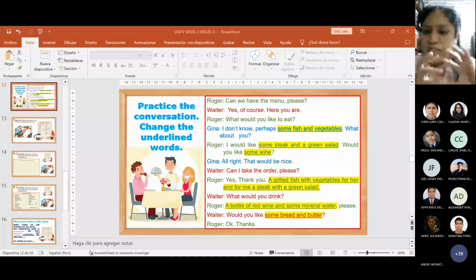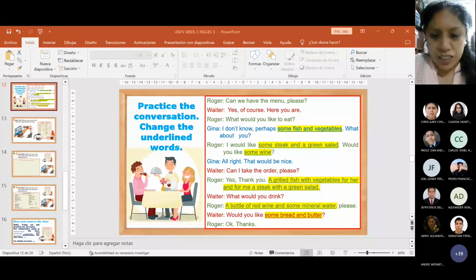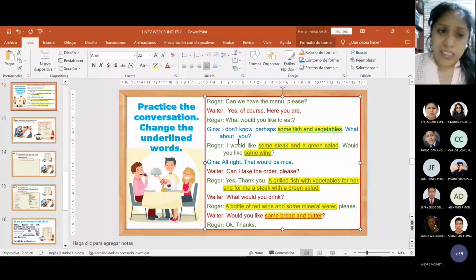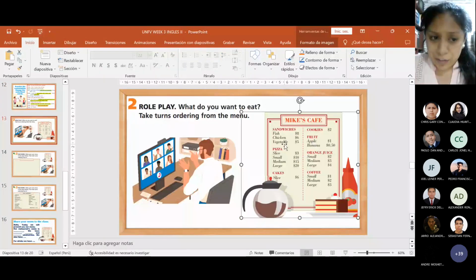Ahora, vuelvo a repetir la asignación, the task, ¿ya? Porque sé que a algunos les ha quedado un poco de duda. Hay que crear una conversación similar a esta. Esta conversación está basada en este menu, en Mike's Café.